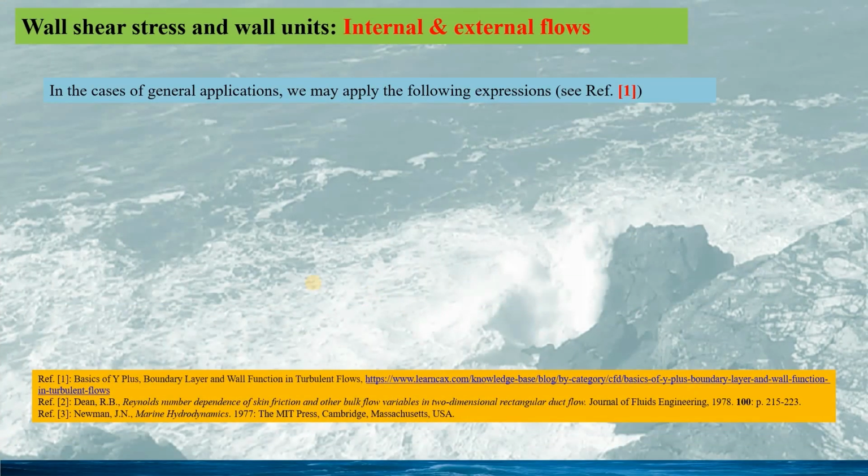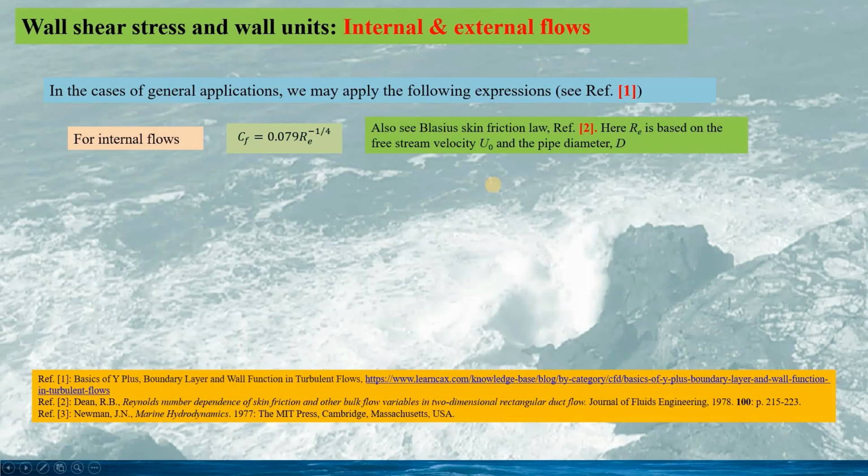In the cases of general applications, we may apply the following expressions from the reference 1 here. For the internal flow, the friction coefficient Cf is given by this formula. This is actually the Blasius skin friction law.